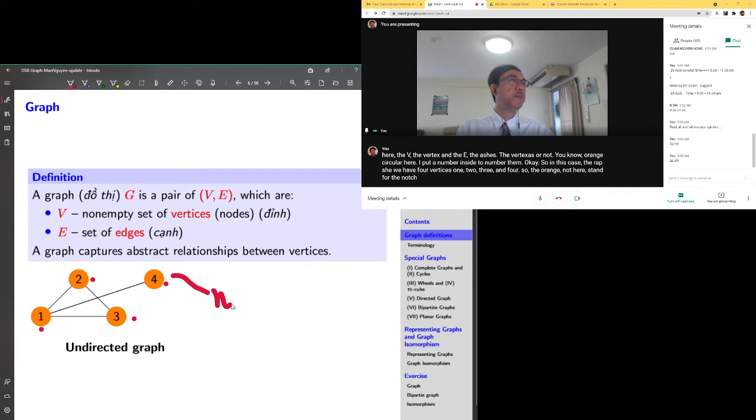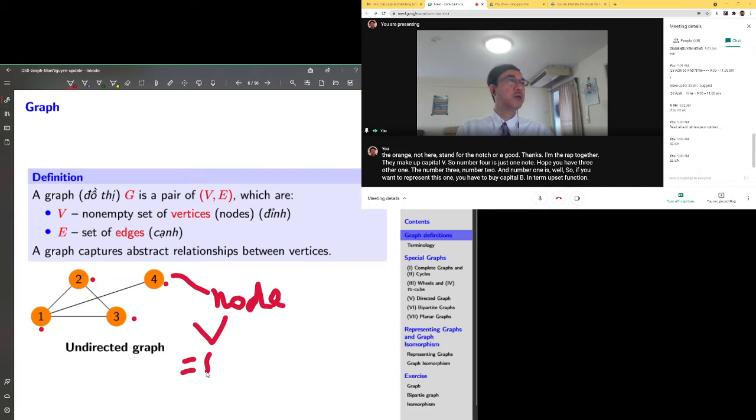Together, they make up the capital V. So number 4 is just one node, but you have 3 others, number 3, number 2, and number 1 as well. So if you want to represent this, you have to write capital V in terms of a set. You use the bracket out here, put the numbers 1, 2 inside, and close the bracket at the end. So this is V.